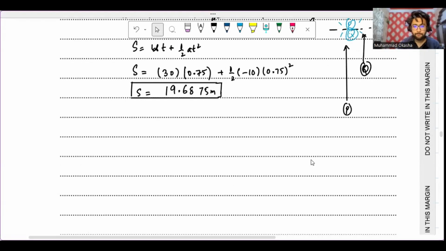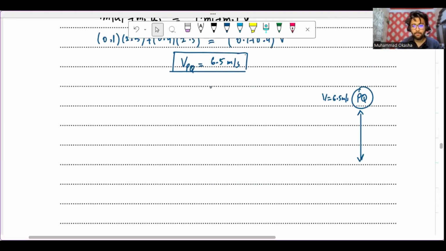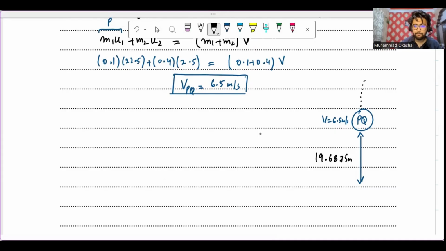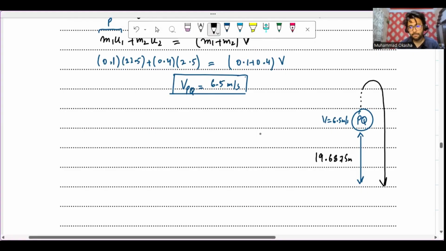That's what we worked out in the last question. Now, of course, it has a certain velocity, so it's going to go up a little, and then it's going to come back and hit the ground.